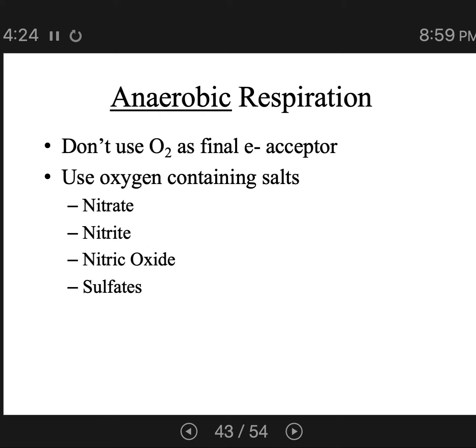Okay. So the reason aerobic respiration produces the most ATP of all the different kinds of respiration is because atmospheric oxygen is the best oxidizer. Okay? That means it is the best at taking electrons even when they're in a very low energy, stable state.